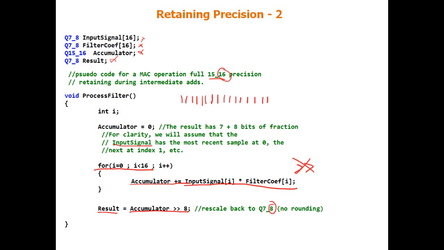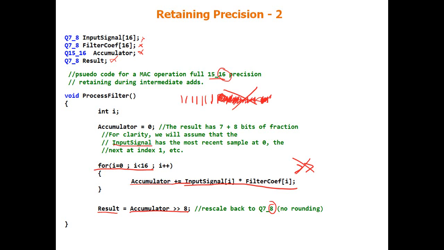These are like bits in the fractional part. Whenever you rescale by 8, what we're essentially doing is just blowing away those lowest 8 bits. Now, it turns out that is not the most precise way of doing it.